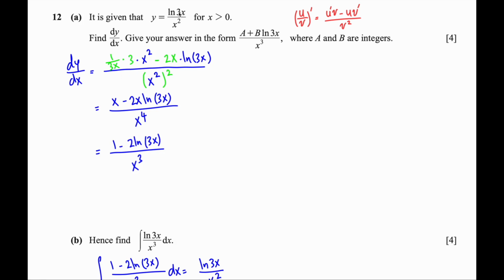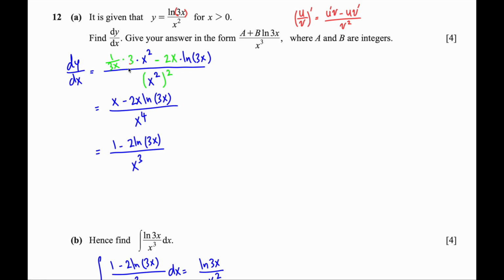So that is a ln 3x. I have to apply the chain rule. First thing I get is 1/3x times the derivative of 3x, which is 3, multiplied by the denominator, and then minus the derivative of the denominator, which is 2x, times the numerator.